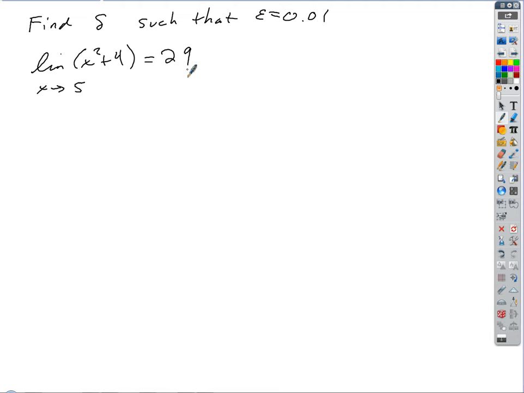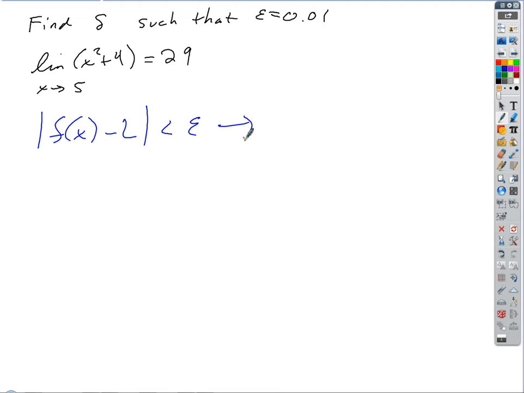Remember our goal is always we want to start with the epsilon expression. Our target accuracy is that, right? So in other words, the distance between the value of the function and the limit has to be less than that.